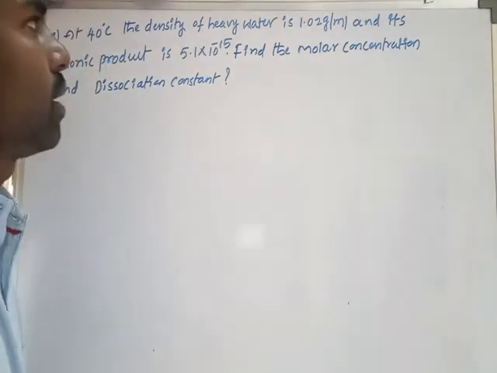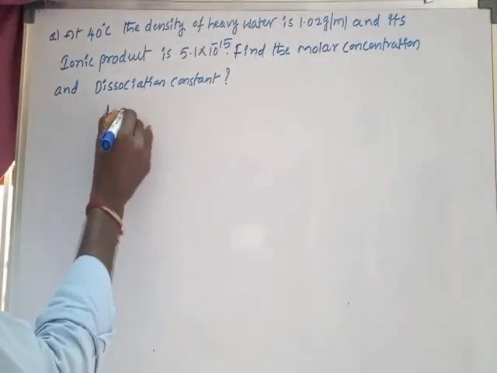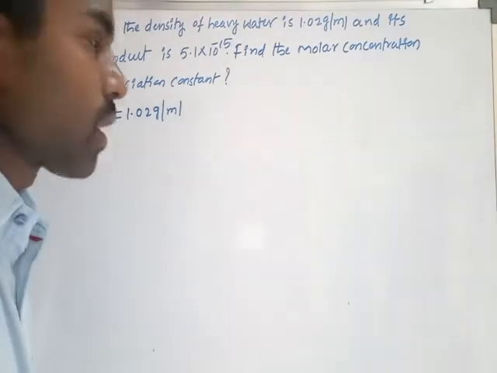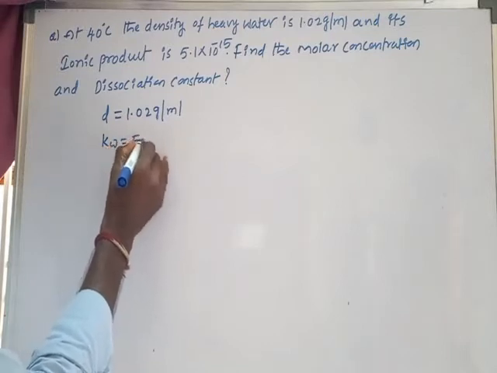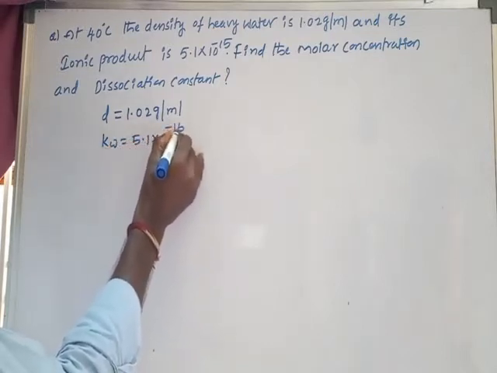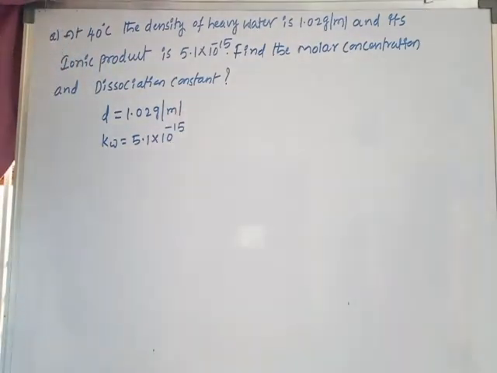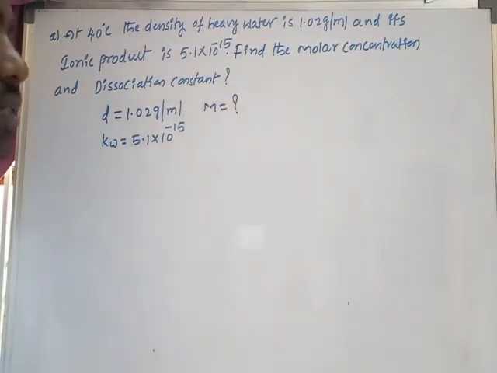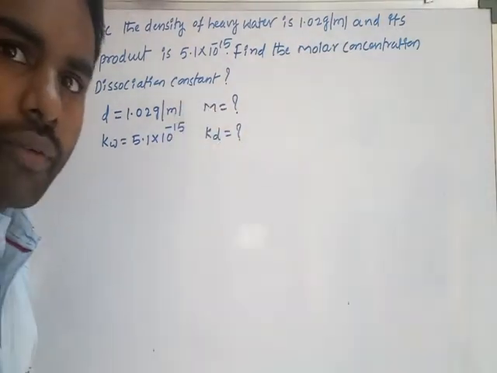In the given question they have given density equal to 1.02 gram per milliliter, and the ionic product of heavy water, Kw equal to 5.1 into 10 to the power of minus 15. By giving these two, they are asking the molar concentration and the dissociation constant of heavy water.